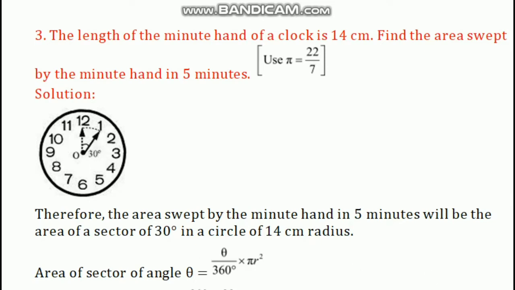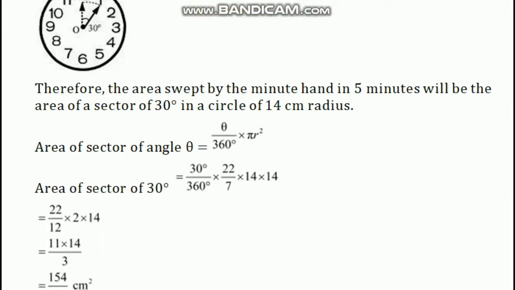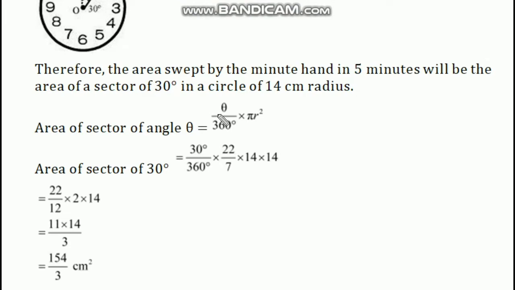So the area of the sector, you know, is theta by 360 into pi r square. Then substitute the values here: 30 by 360 into 22 by 7, which is the pi value, into 14 into 14. Then simplify.